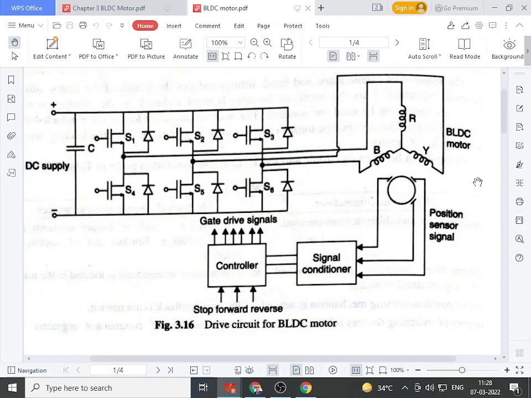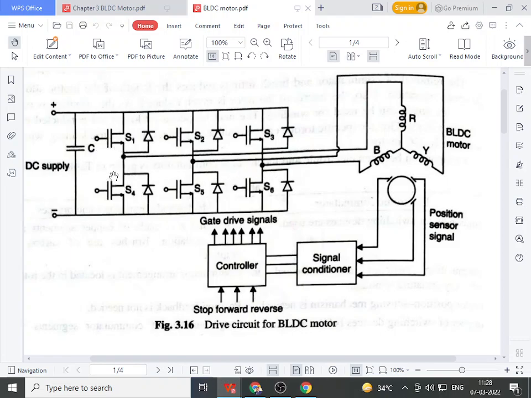Okay. So this is the actual driver circuit for the BLDC motor. Any BLDC motor consists, first, of the inverter, which is actually a three-phase voltage fed inverter. Second, there is a rotor position sensing system, and according to the position of the rotor, there will be generation of a switching sequence for these semiconductor switches.